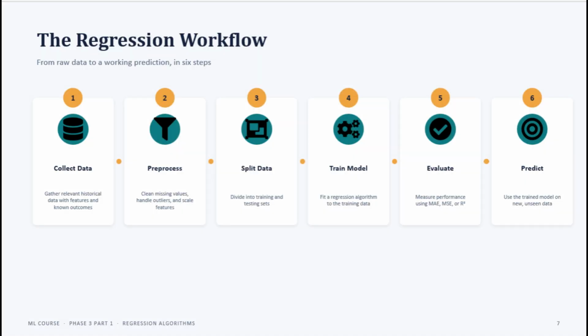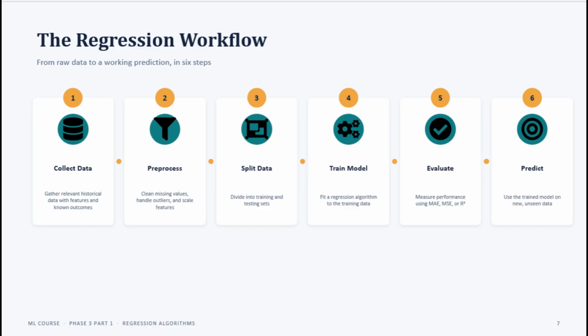Let's understand the complete workflow of building a regression model. First, we collect historical data that contains both the input features and the correct target values. Next, we pre-process the data by handling missing values, removing outliers, and preparing it for training. Then, we split the dataset into training and testing sets. After that, we train our regression algorithm using the training data.